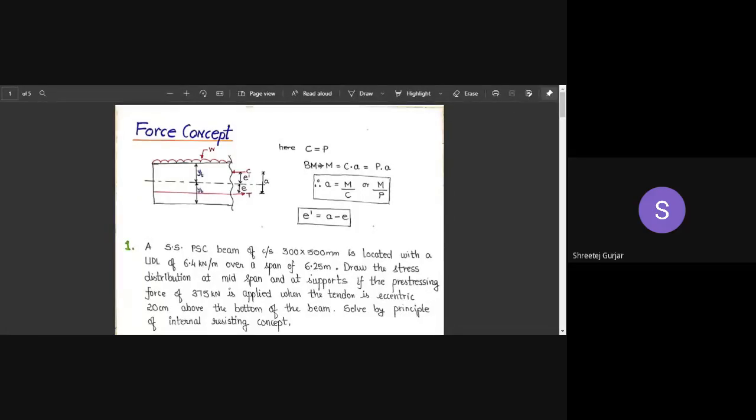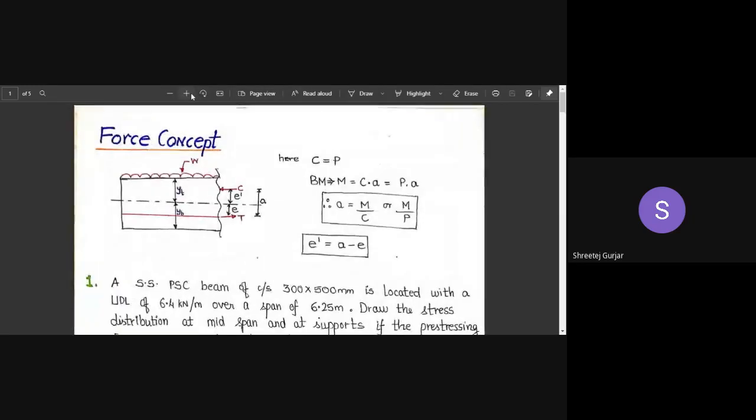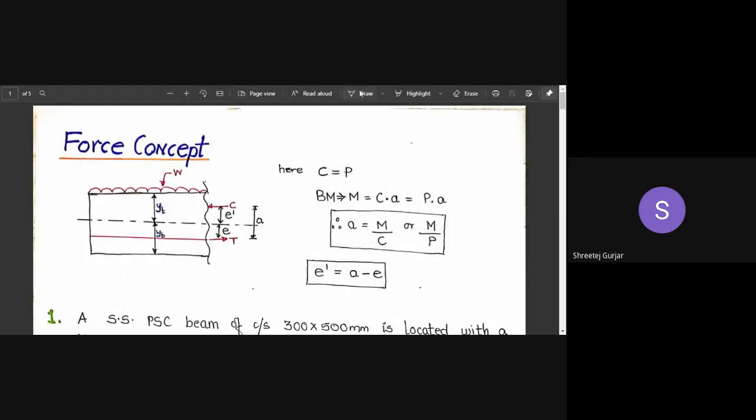Let me just share the screen. I hope you are able to see the screen which I have shared. This is just an overview of your force concept. This is your pre-stressing cable, the tensile force T which we have applied, the resultant compressive force C which is generated, and this is the lever arm A, and this is the distance E dash, from the CGC of your concrete.